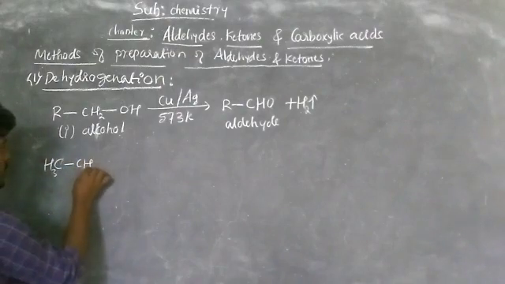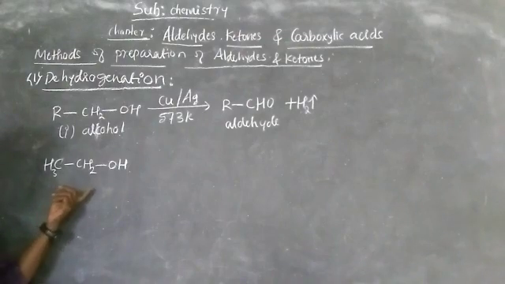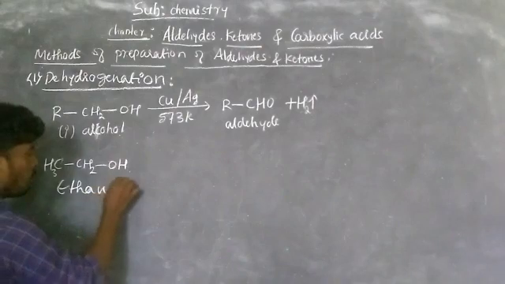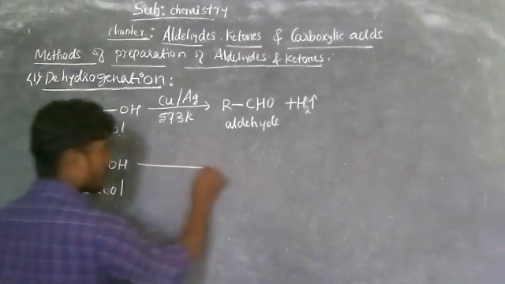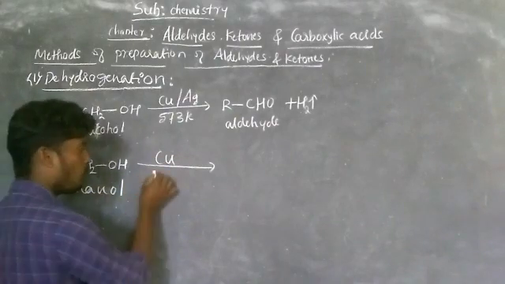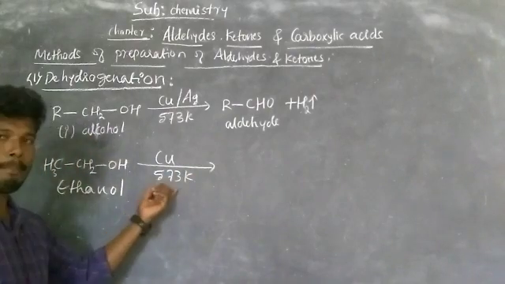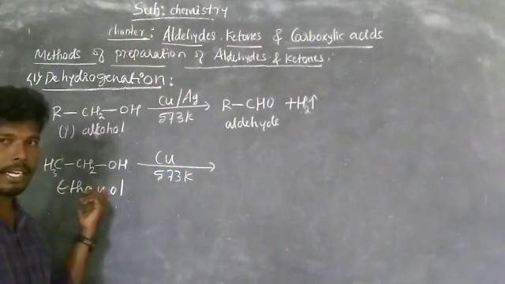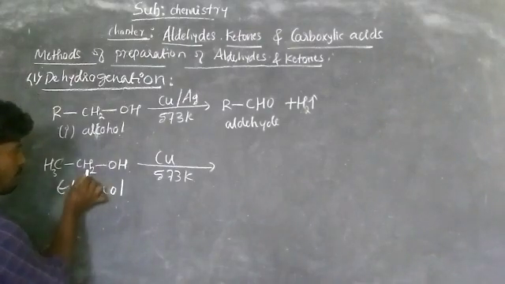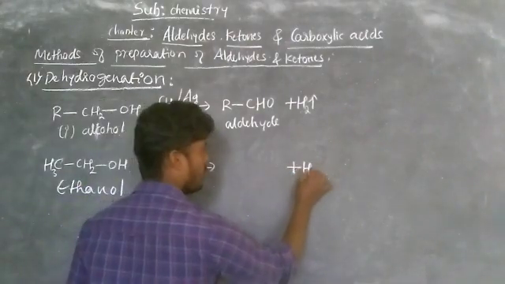Okay. Now example, in place of R take CH3. CH3 CH2 OH. What is its name? Already you studied alcohols. Ethanol. 1, 2, two carbons are there. That is ethanol, OL, alcohol. The vapors of alcohol are passed to the copper tube at 573 Kelvin. So remember, at this temperature only the alcohols undergo dehydrogenation. Now one hydrogen from here and one hydrogen here, both become hydrogen gas.